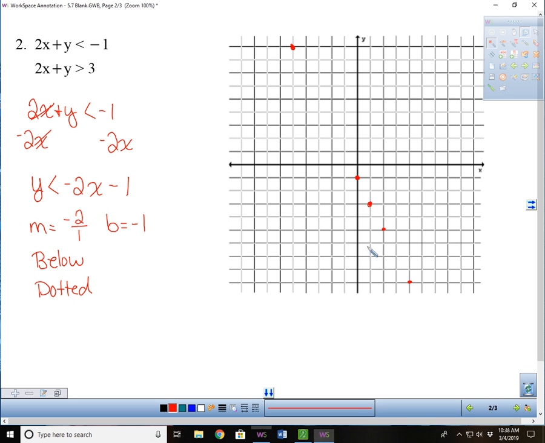Then you're going to have a dotted line. And you're going to shade below the line. So it'll be all of this right here.